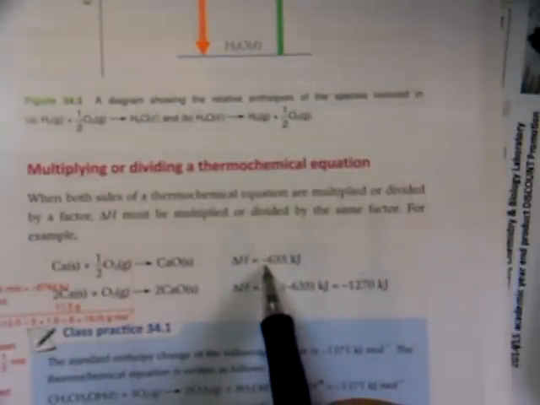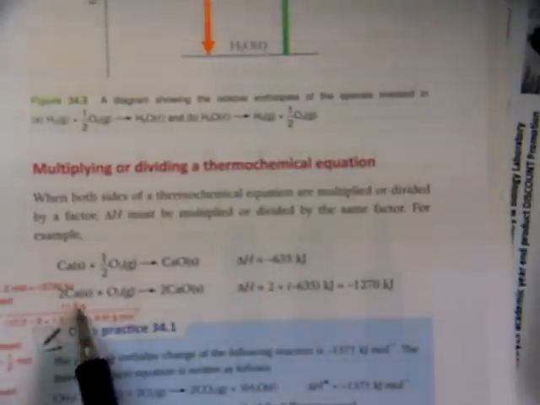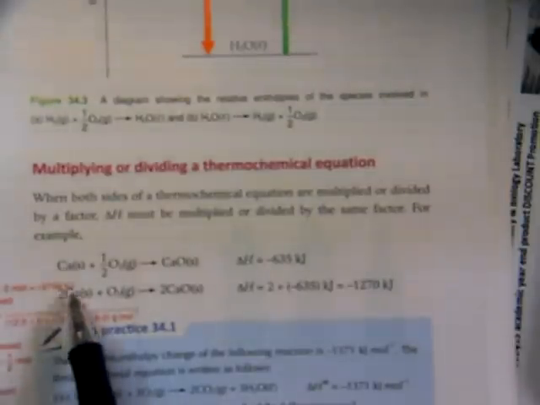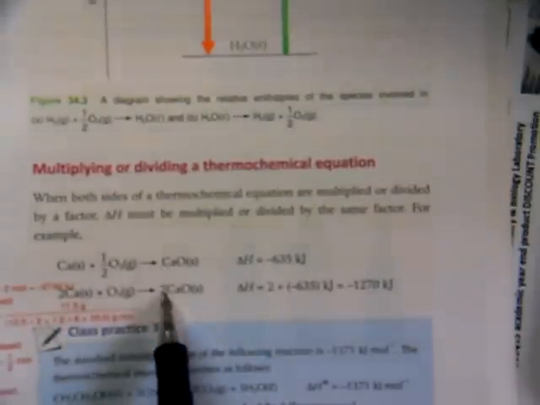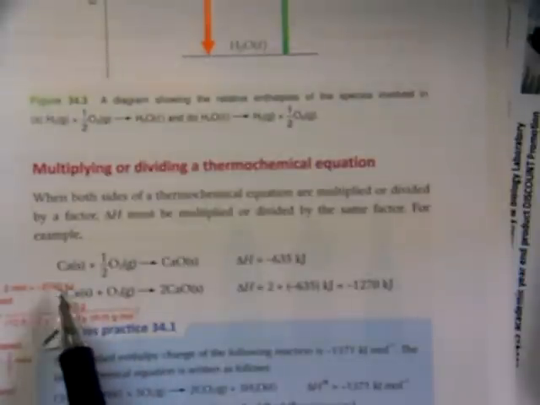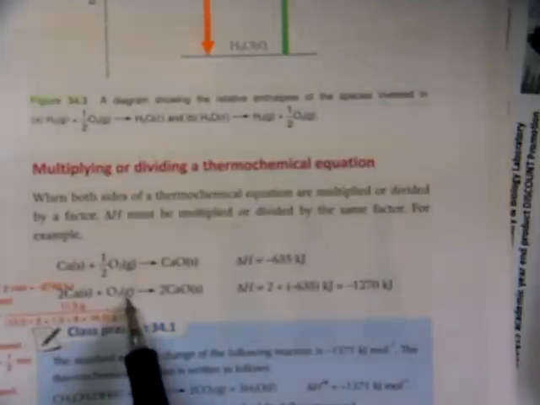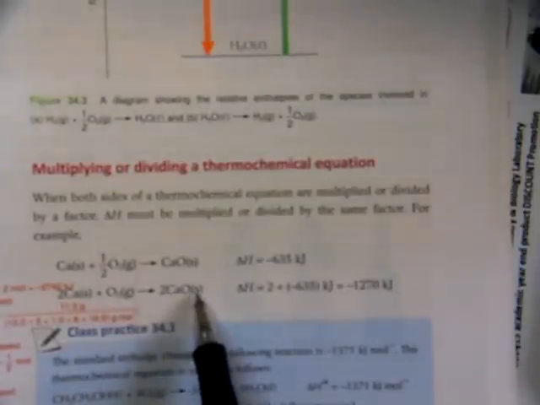Is that right? If I multiply the equation by 2, change it to this form, 2, 1, and 2. That means now we have 2 moles of calcium solid reacting with 1 mole of O2 gas to form 2 moles of calcium oxide solid.